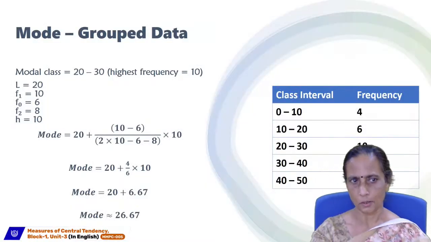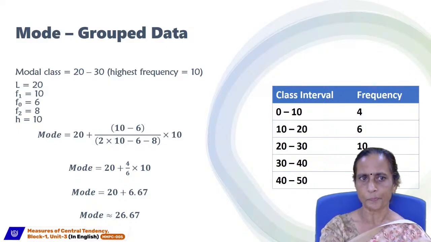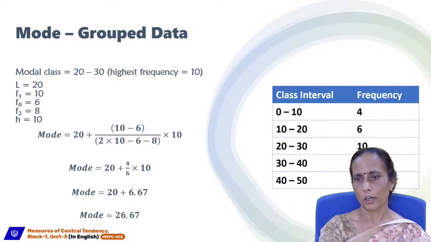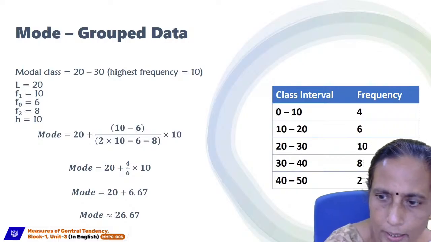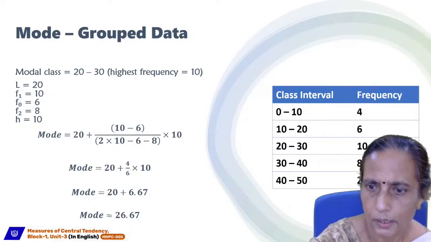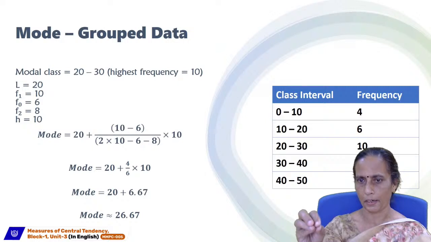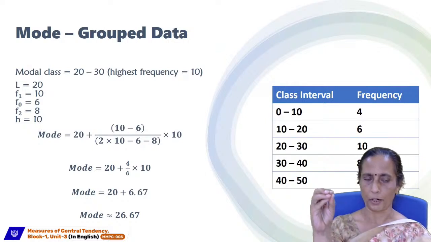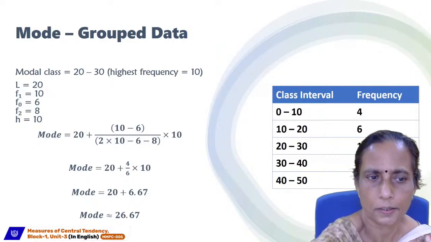The calculation goes like this. Suppose say this is my series. Over here my modal class is this, because the frequency is maximum for that specific class, that is 20-30. So this is my modal class.